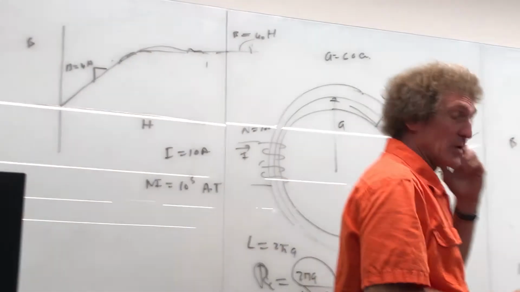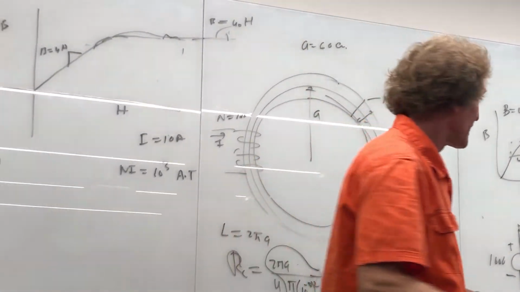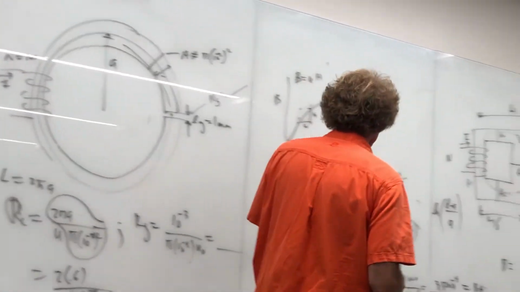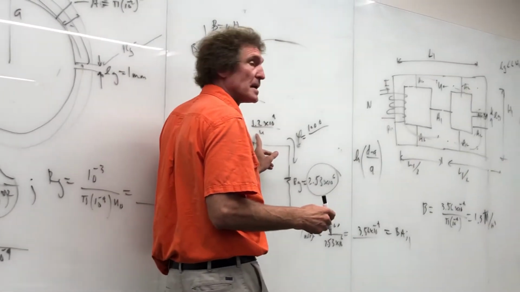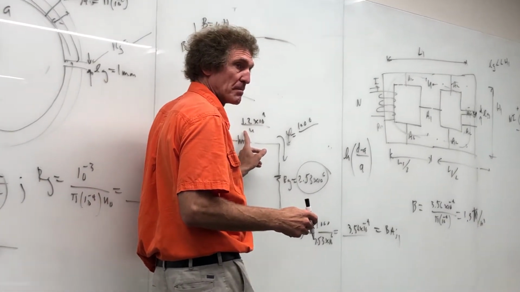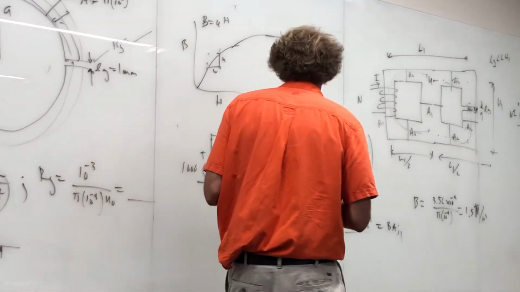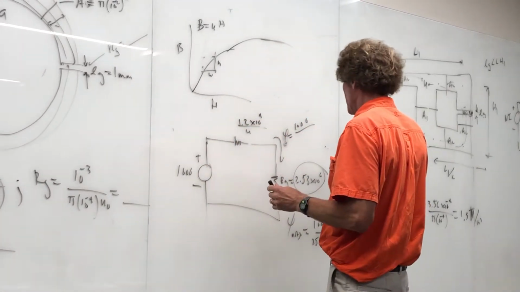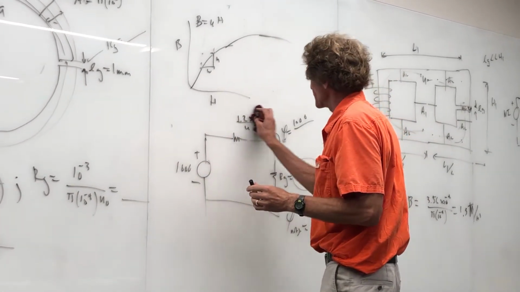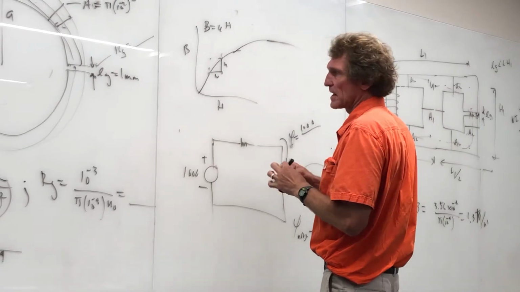So now what we do is an iterative calculation. We're going to assume that here it's mu naught, and we calculate this reluctance. And what do you see for that? By the way, I'm not sure I had the right values there.